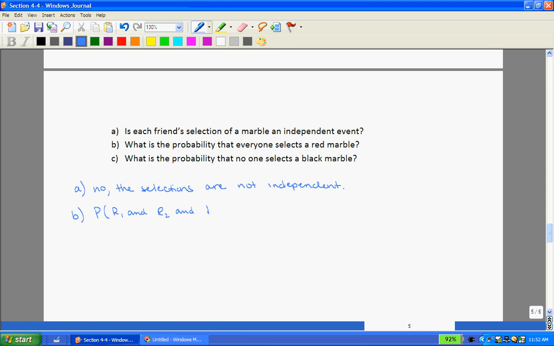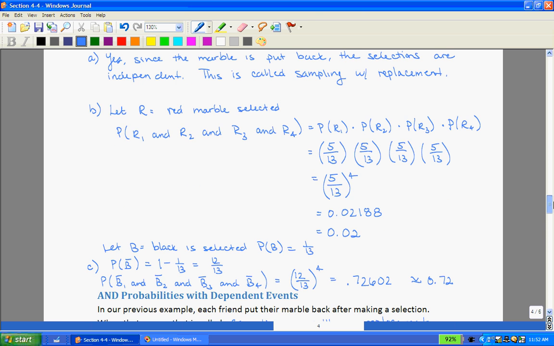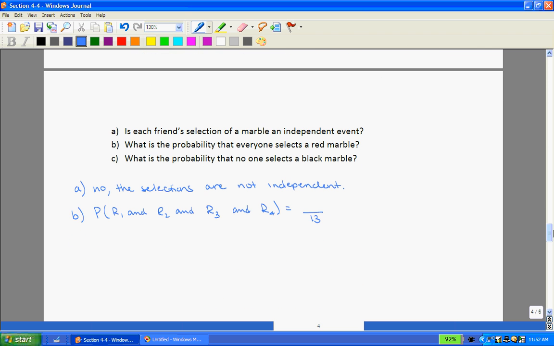That part's the same, the notation rather. But think about the probabilities. That first person has all the marbles to choose from. We know that there are 13 total, and if we go back to that pool, there are 5 red to choose from altogether for that first person.